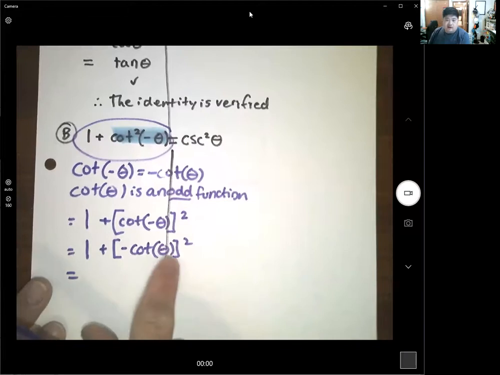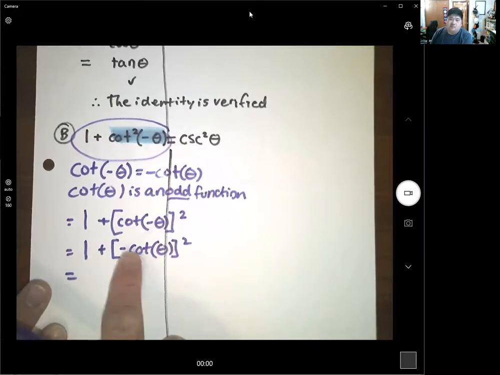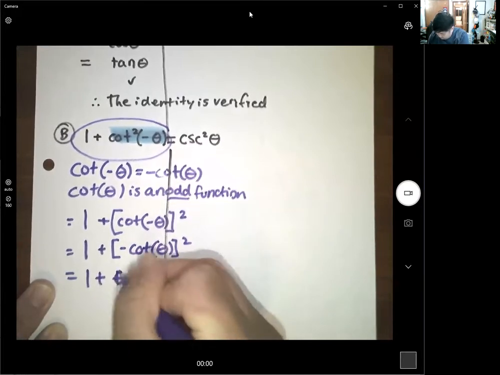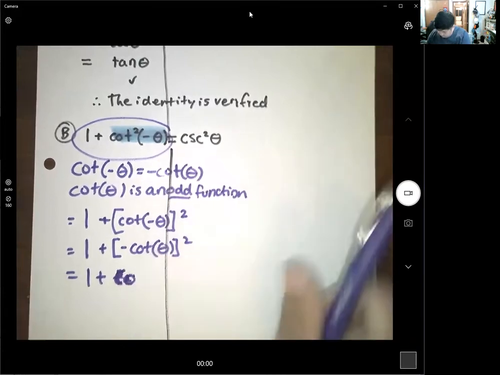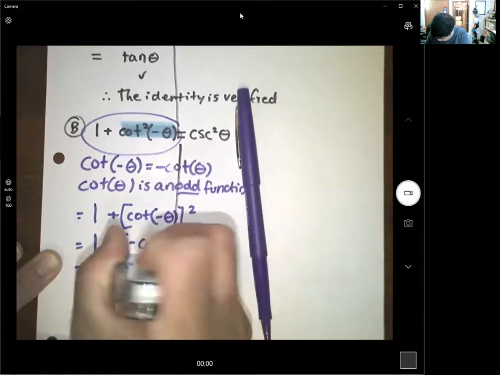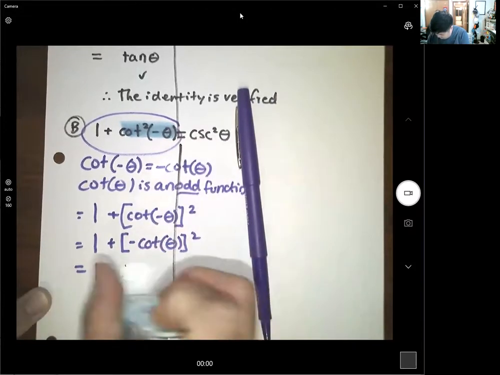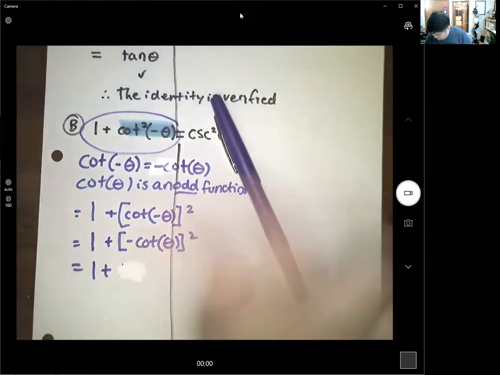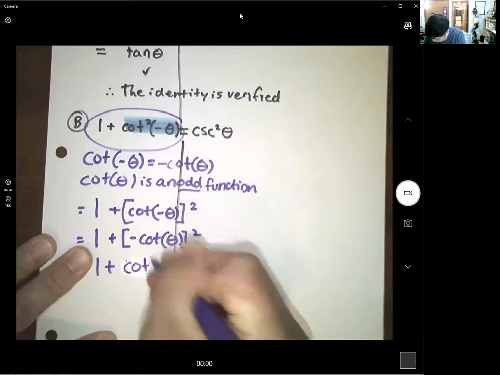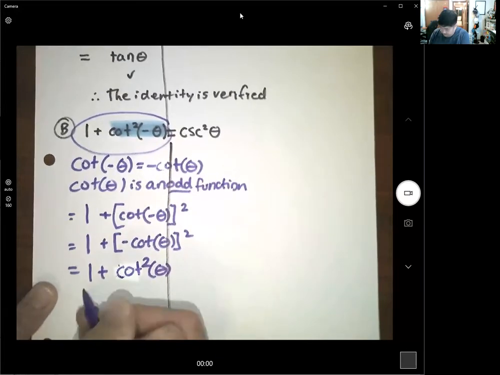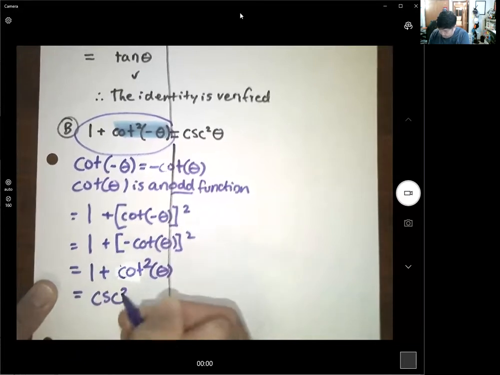But when I actually square the opposite of cotangent of theta, I just end up with 1 plus cotangent of theta squared, or cotangent squared theta. Then 1 plus cotangent squared theta is equal to cosecant squared theta.